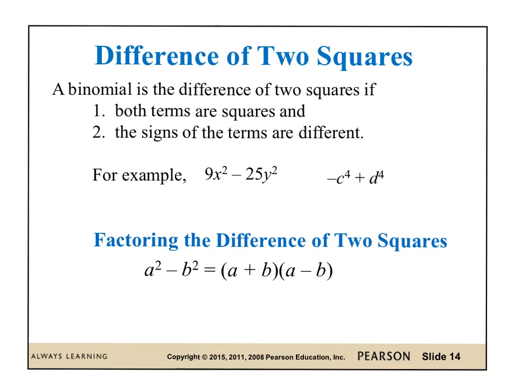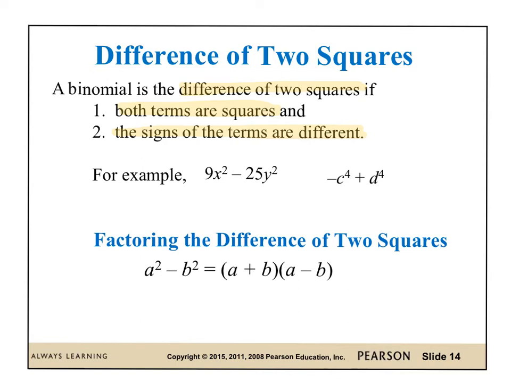But again, to reinforce, a binomial is the difference of two perfect squares, or the difference of two squares, if both of the terms, and there's only two, this is only going to work if you only have two terms, if both of the terms are squares and the signs of the terms are different.